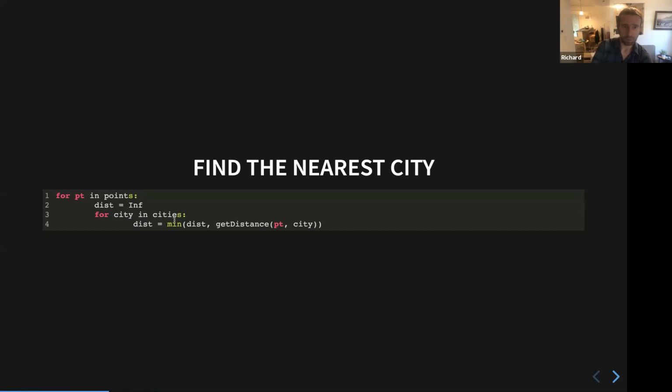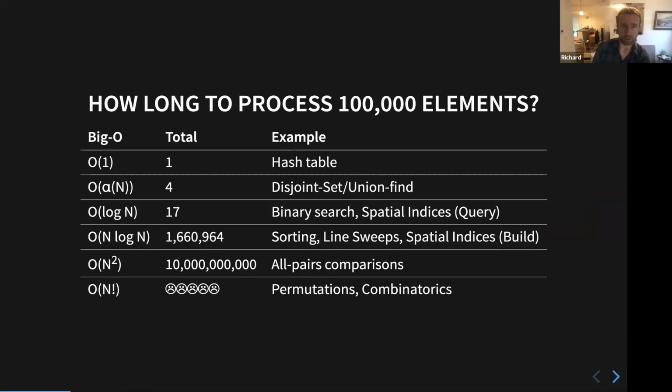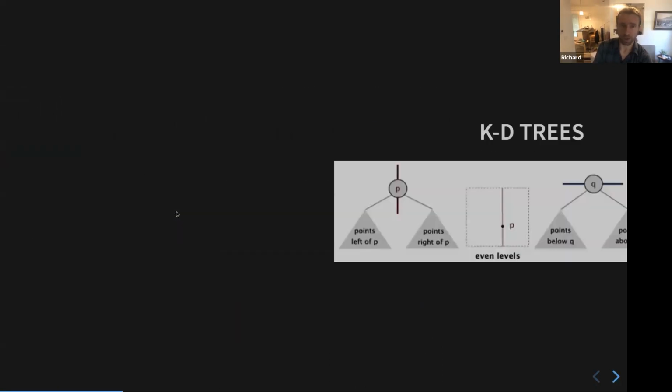This bit where we're looking for the cities, rather than taking order n time, is taking order log n time. And if we look at our chart from earlier about how much time that takes, that means that internally, rather than looking at 100,000 items, we're looking at 17 items. That's a significant speed savings.